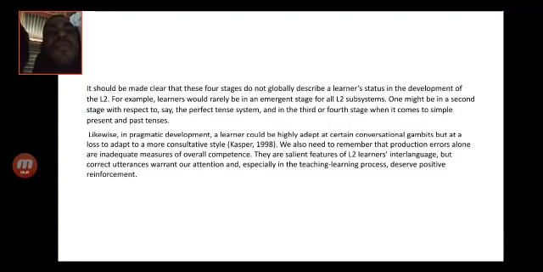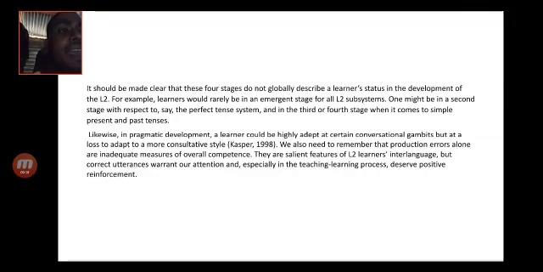It should be made clear that these four stages do not globally describe all learners' steps in the development of the L2. For example, learners would rarely be in an emerging stage for all L2 subsystems.